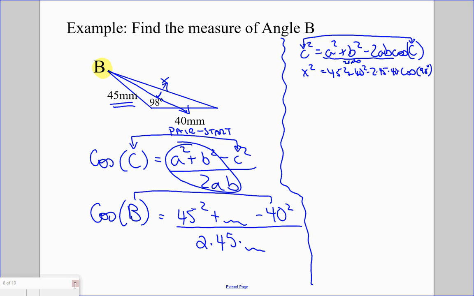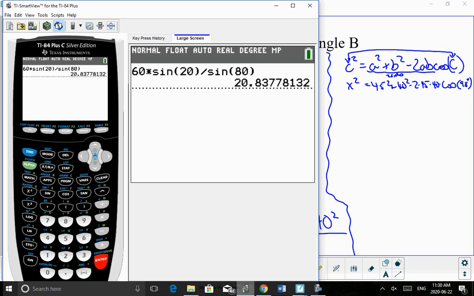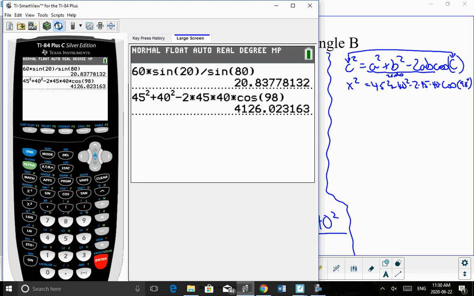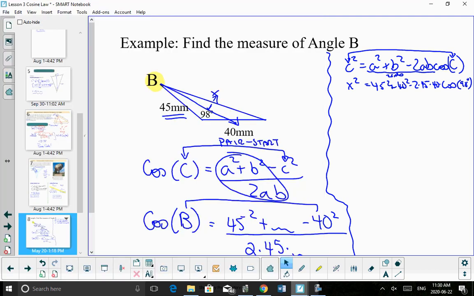So on my calculator, 45 squared plus 40 squared minus 2 times 45 times 40 times cos, because it's the cosine rule I'm using, 98. Now again, this is x squared, so I'm going to square root that, and I get 64.23.